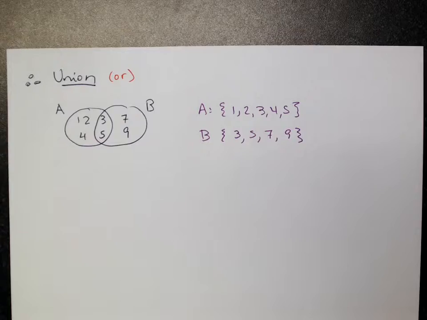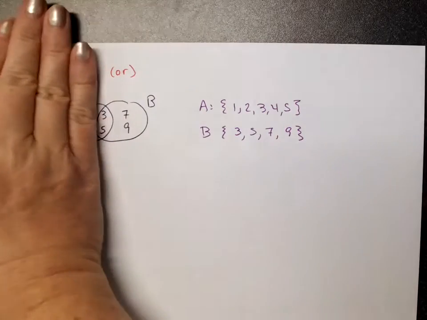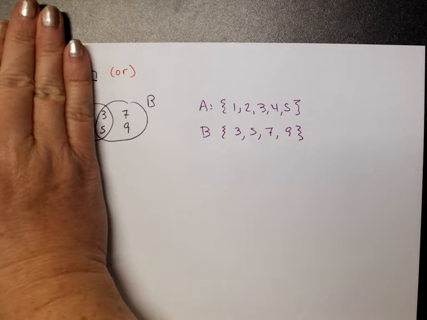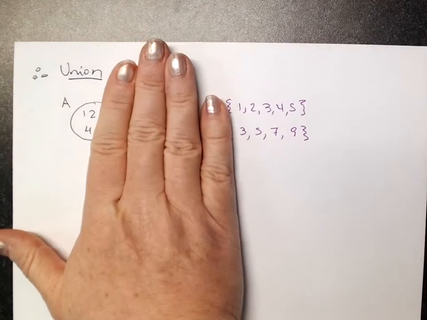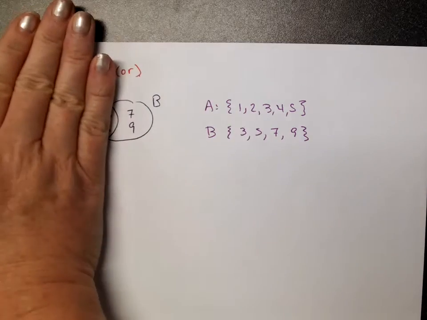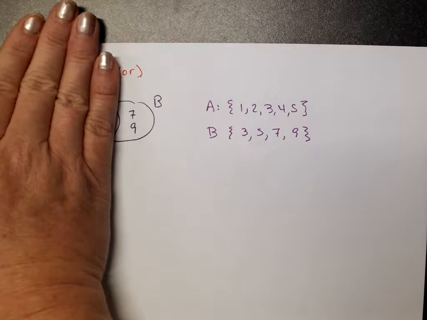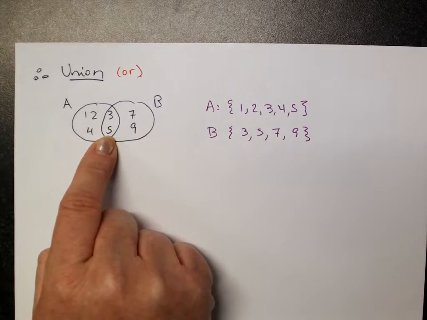Or means either that one, or both of them together. So when we're talking about set A or set B, we're talking about anything that is either just in set A, such as the 1, 2, and 4, or just in set B, which is the 7 and 9, or the stuff that is in both of them, the 3 and the 5.